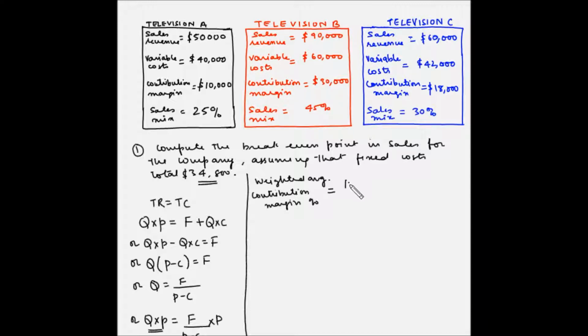So this becomes 10,000 plus 30,000 plus 18,000 divided by the total revenue, which is 50,000 plus 90,000 plus 60,000.